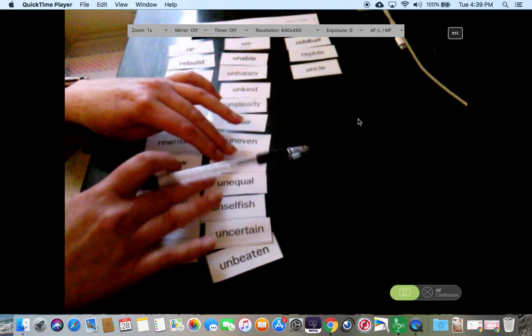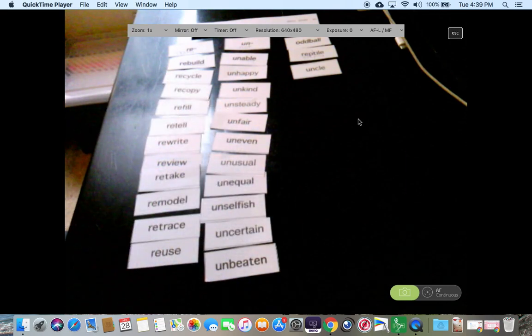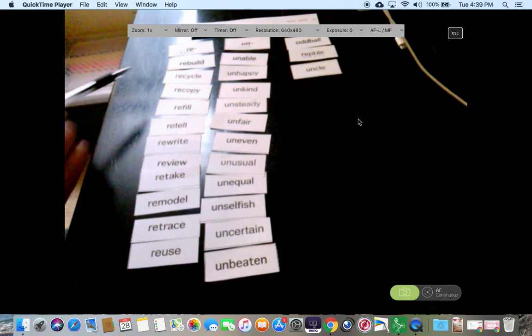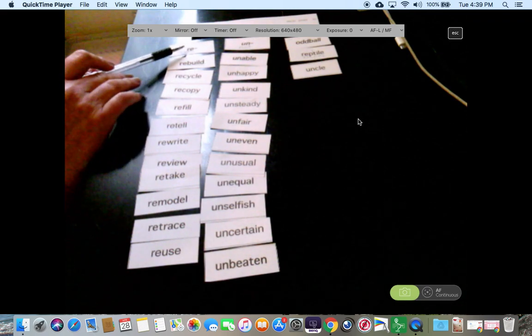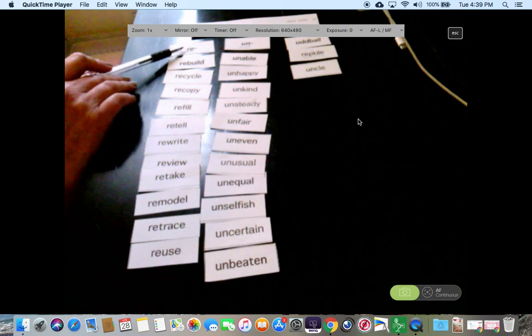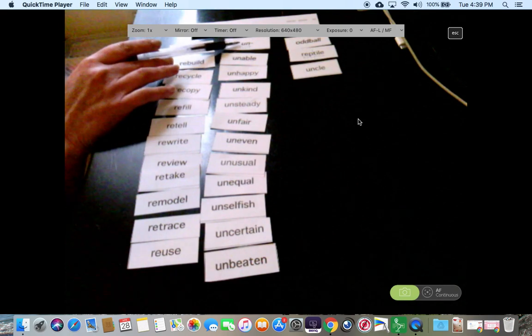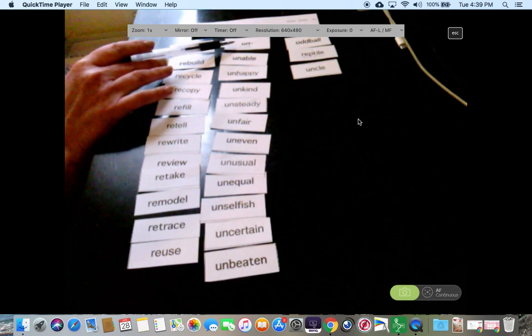So you have to use your super smarts and think about the word, the base word, the meaning of it, and try sounding it out. So again, the prefix re is pronounced re, and it means again. The prefix un is pronounced un, and it means not.